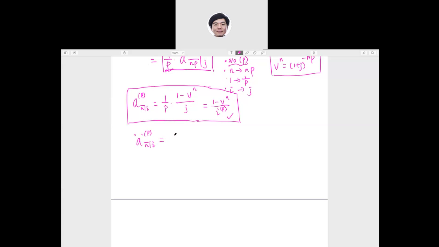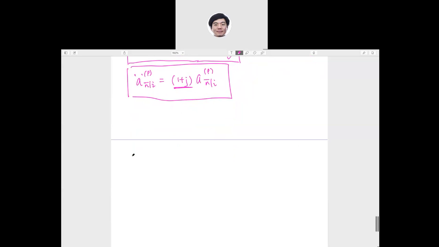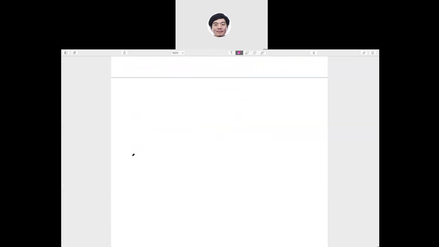That means, and this is the key, it's 1 plus j, not 1 plus i, because you move one period ahead, not one year ahead. Once you do this, you will be dividing by d^(p), and then you have increasing. So let's take a look at the increasing.